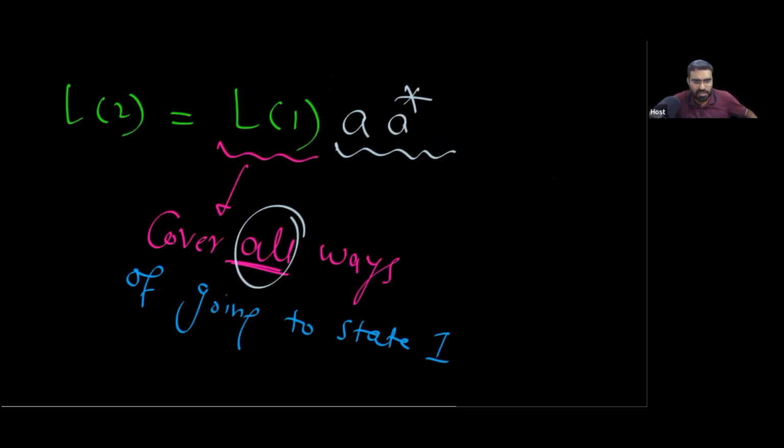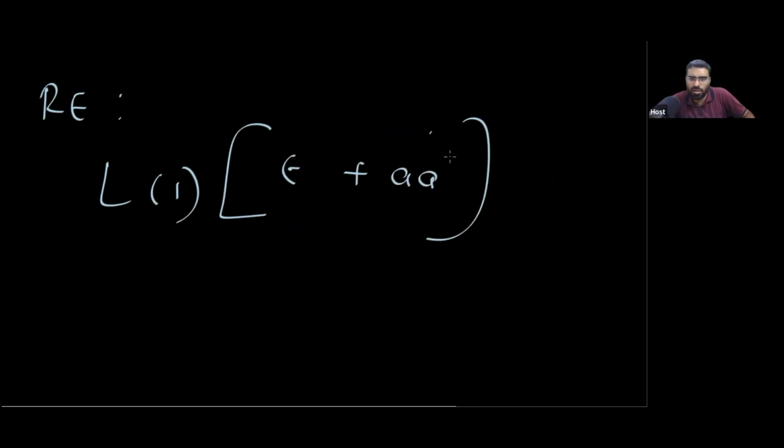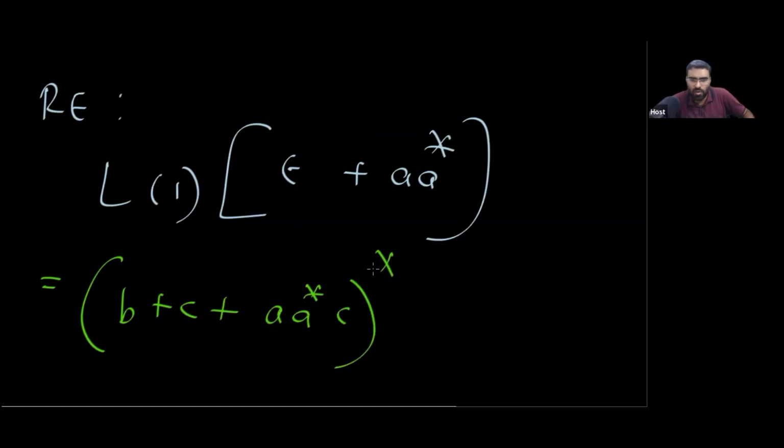So your final answer will be L1 in the bracket, followed by epsilon or A star. So the final answer is (B or C or A star C) whole star, bracket epsilon or A star. So this is your answer.